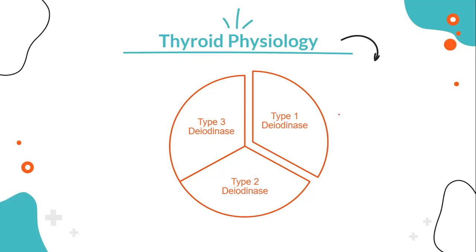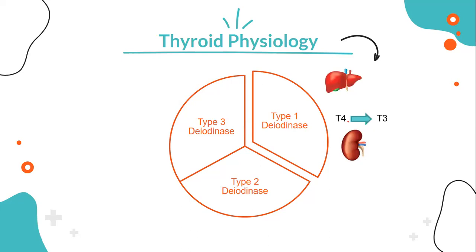Since T4 had four iodines, we diminish one molecule of iodine, and then we have three iodines, the active form of the thyroid hormones. So we have three main types, which are type 1, type 2, and type 3 deiodinase.